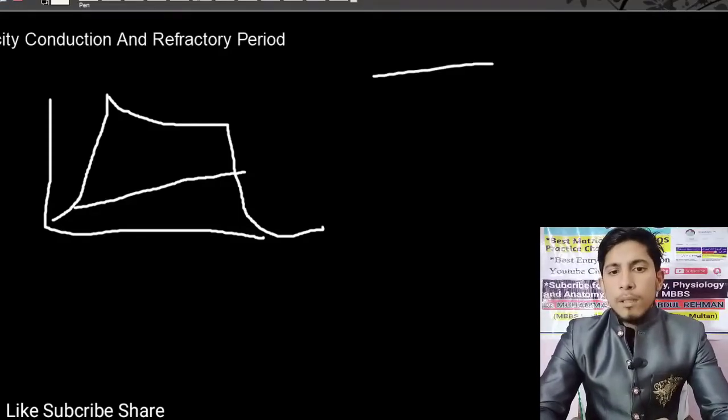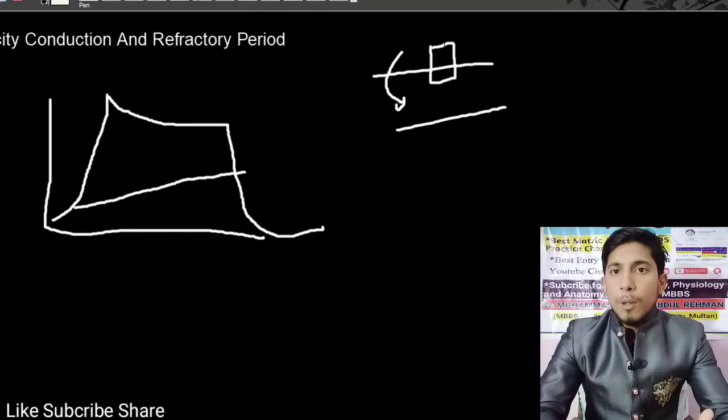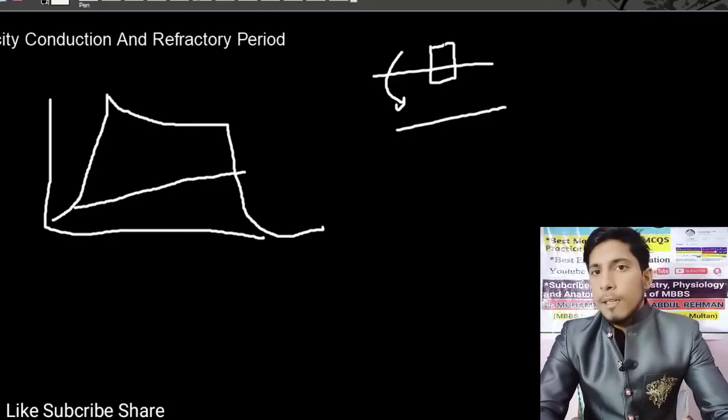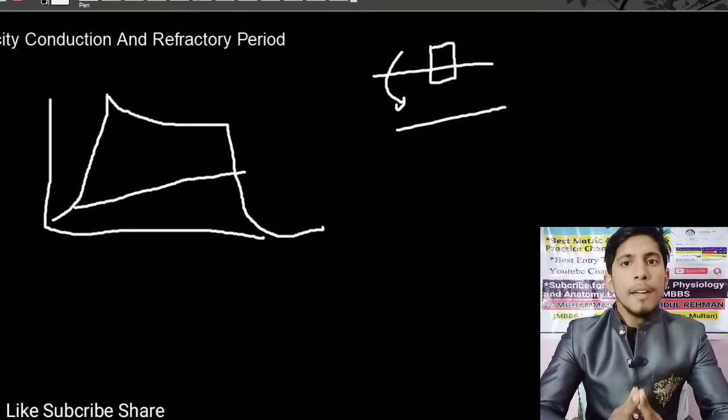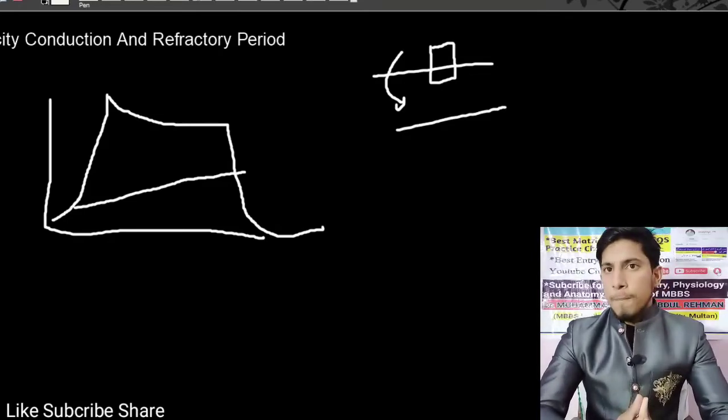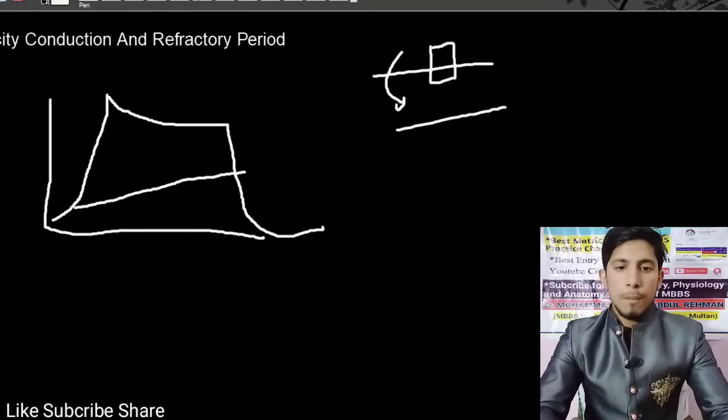And why does this happen? Because a large number of sodium ions have entered the cell during the action potential. The influx of a large number of sodium ions causes the inactivation of voltage gated sodium channels. That's why no action potential can be generated in this muscle cell, which is already in depolarized form.